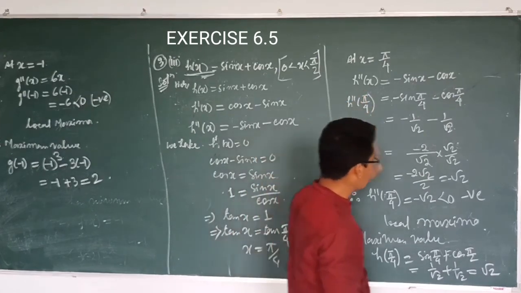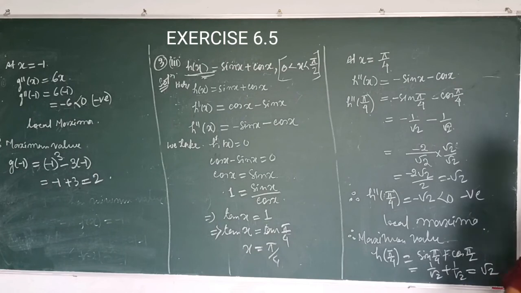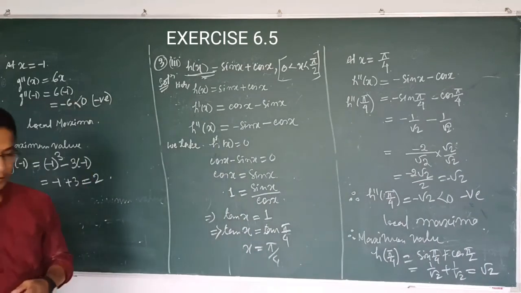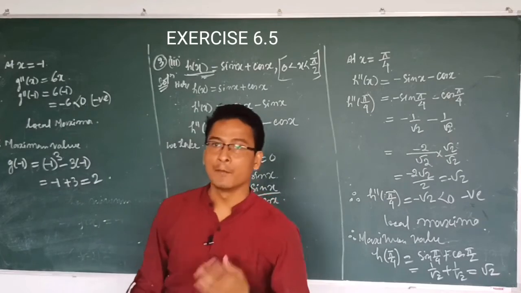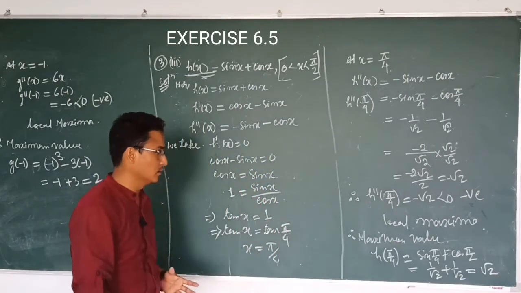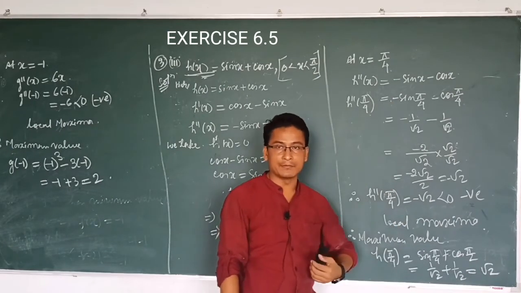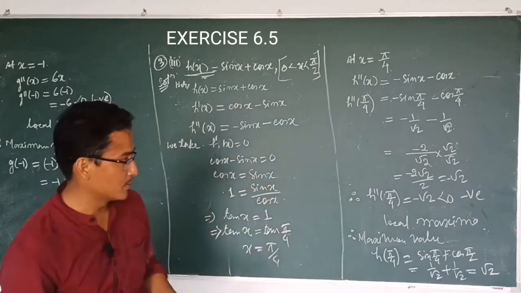If you get a negative value, then we say maximum. If you get a positive value, then we say minimum. If you get 0, then we say neither maximum nor minimum, or sometimes a point of inflection. Clear? And generally we go for the first derivative test, and we prove whether this is maxima or minima. Clear?